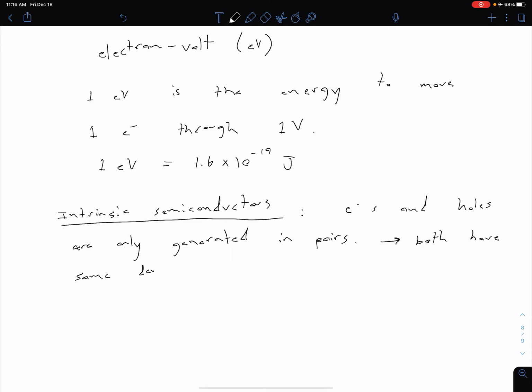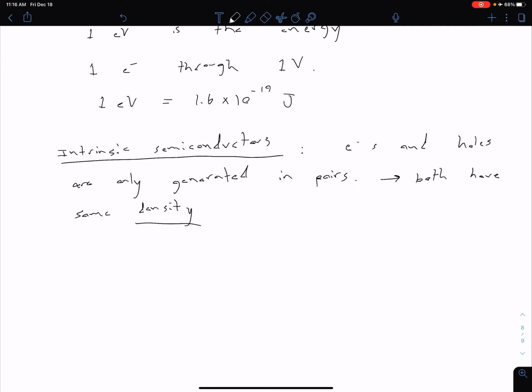That's going to be a useful thing to know, because as we look at our current equations a little later on, we're going to see that our current equations are related to our densities of these charged carriers. So this density right here, which is the density of our electrons and our holes, has a special name. This is called our intrinsic carrier concentration.